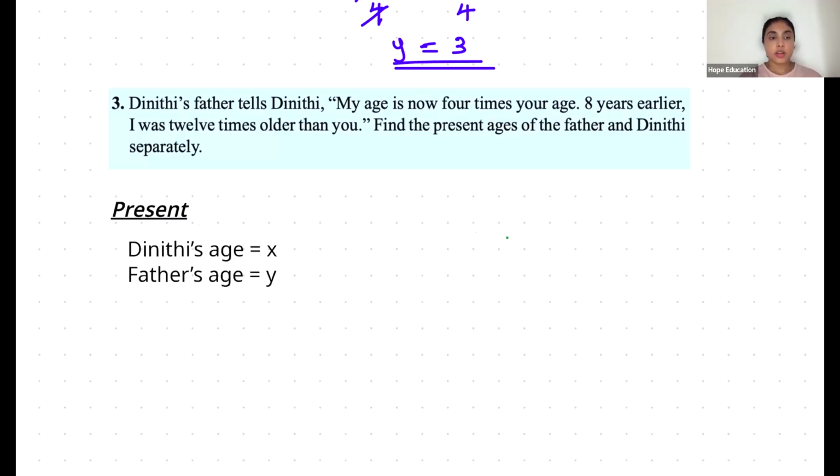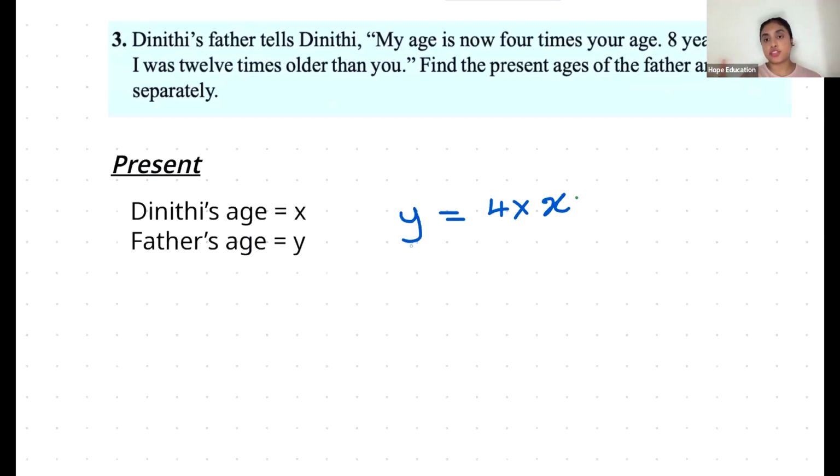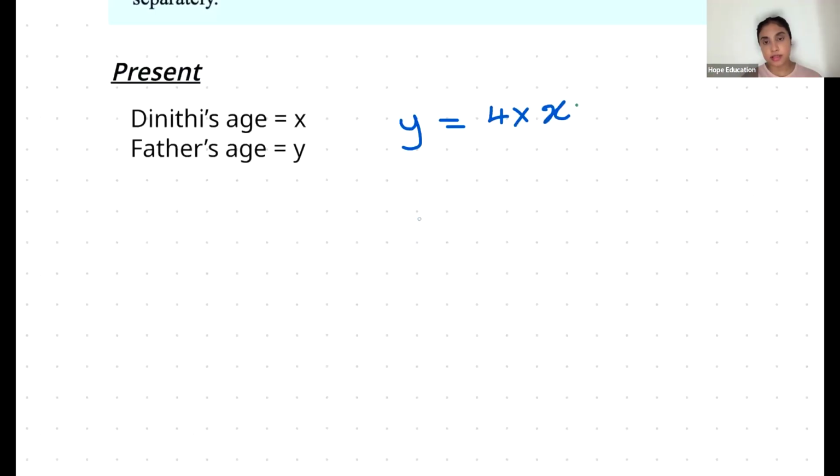Okay. So according to this, my age means Diniti's father's age. Diniti's father tells Diniti, my age, that means father's age is 4 times your age, that means 4 times Diniti's age, that means 4 multiplied by Diniti's age. That means y equals 4x.